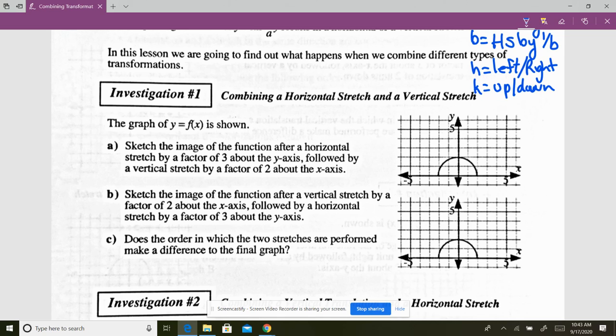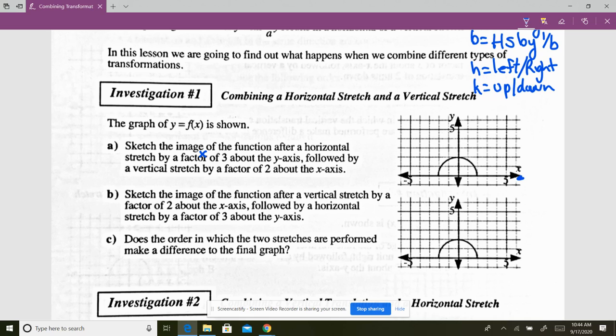What am I multiplying by? Three. Remember, when they say the factor, that means multiply, essentially. That is the number you're multiplying by. If I said, what is the B value, you would say 1 over 3. So we multiply all the x values by 3.